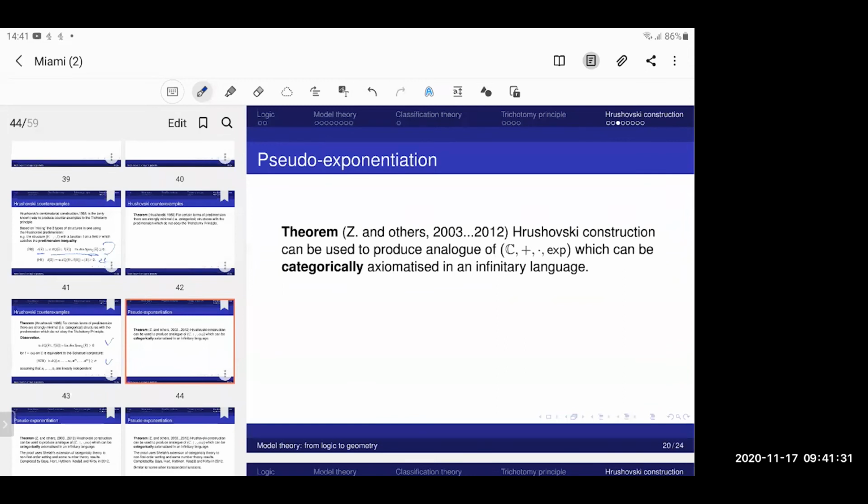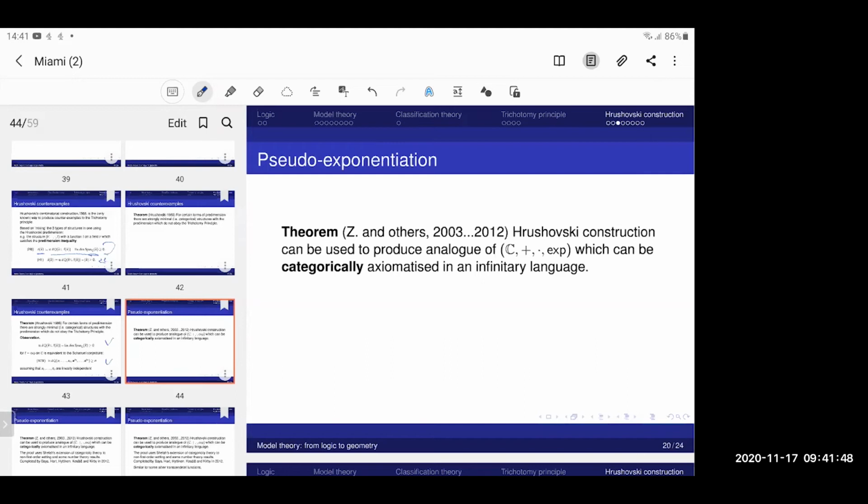And then it took some years to produce a precise statement that follows from this observation, that you can adapt Hrushovski's construction.